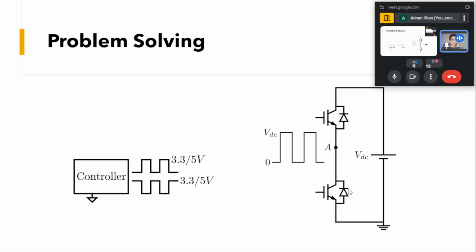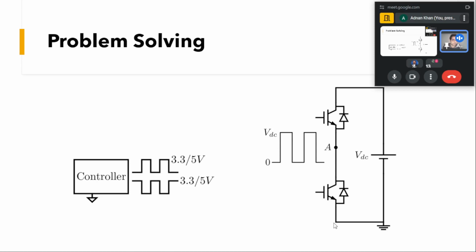As I had previously reiterated, the top device is called the high side switch and this is called the low side switch. Why is it called high side? Because it is connected to the positive rail and this is connected to the negative rail. Whenever these devices are turned on and turned off, the voltage at this point will vary from 0 to VDC.